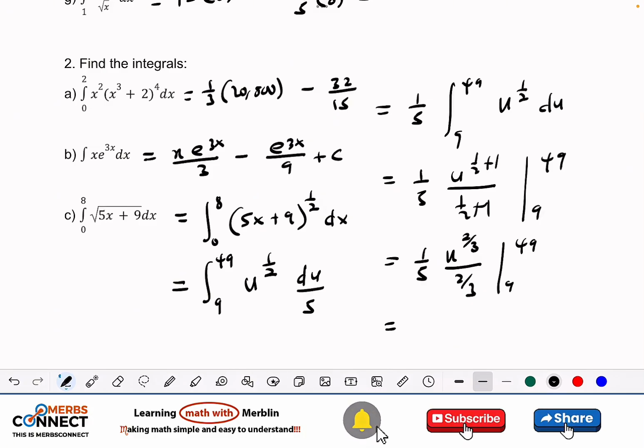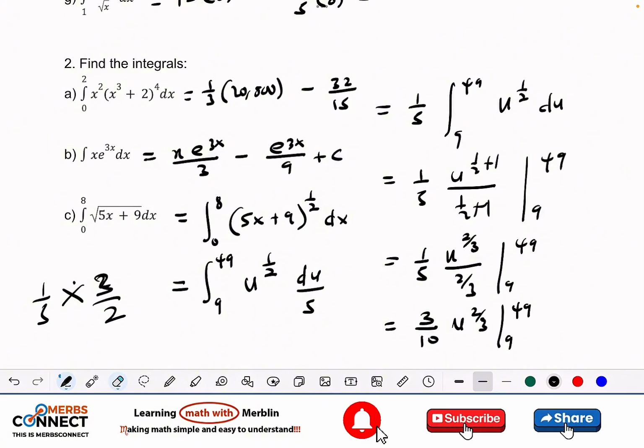This is going to give us now 1 over 5 divided by 3 over 2. When I change it to multiplication, I will change this one to 2 over 3. So we are going to have 2 divided by 15, u to the power 3 over 2 from 9 to 49.